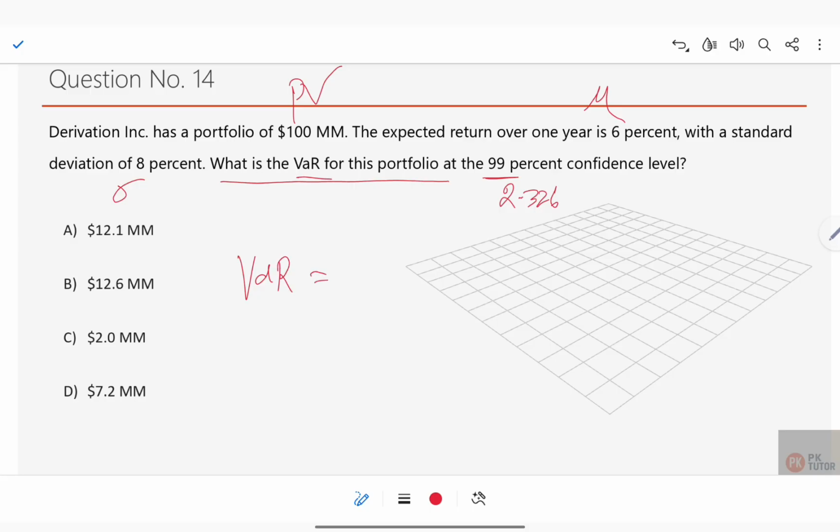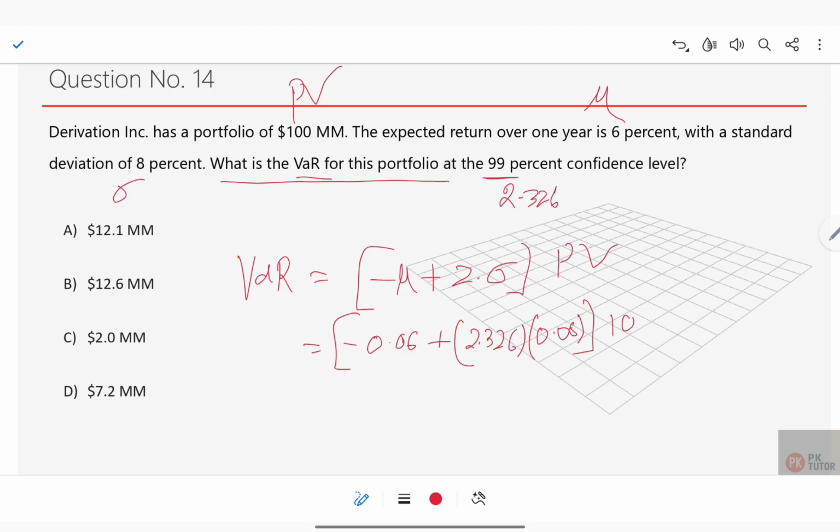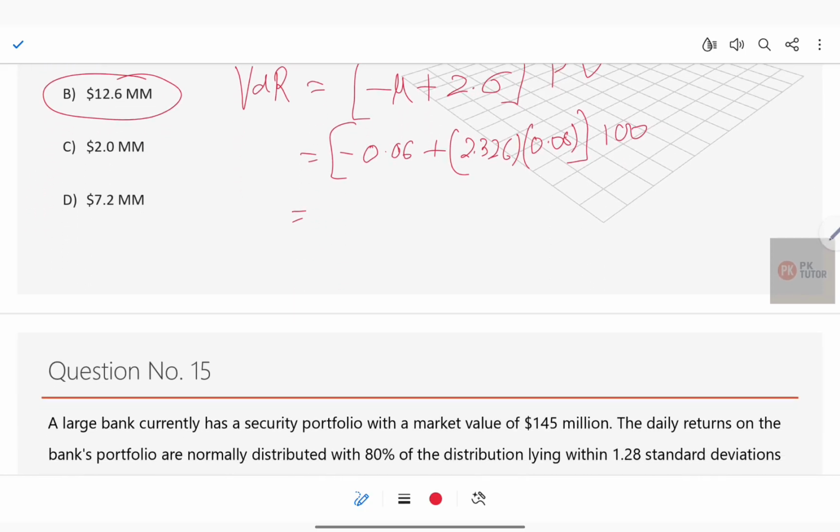The formula for VAR is minus mu plus z times sigma, and then the portfolio value. So this is minus 0.06 plus 2.326 times sigma of 0.08, and you multiply with the portfolio of 100 million. What answer will you get? Calculate, take a pause. The answer is 12.6. Let's go to the next question.